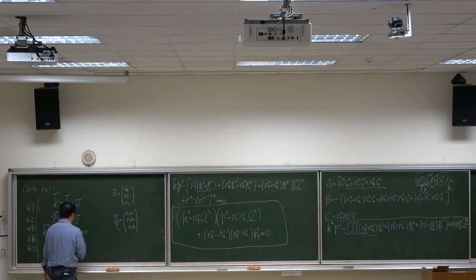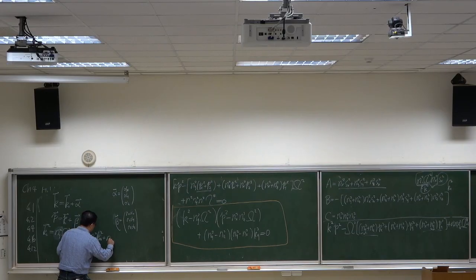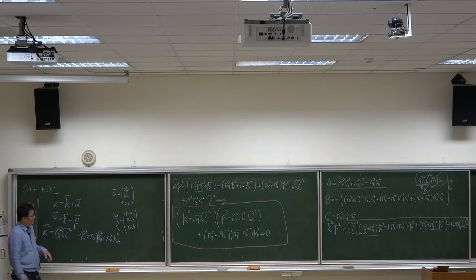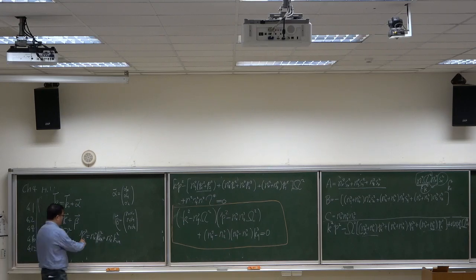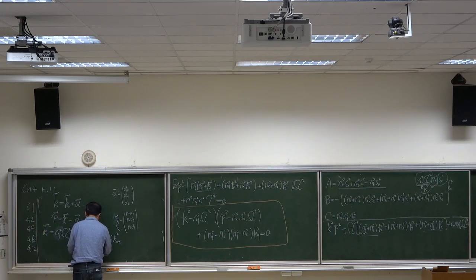P naught squared is in fact nx squared k naught x squared plus nz squared k naught z squared. However, you can treat this as nx squared nz squared times this.